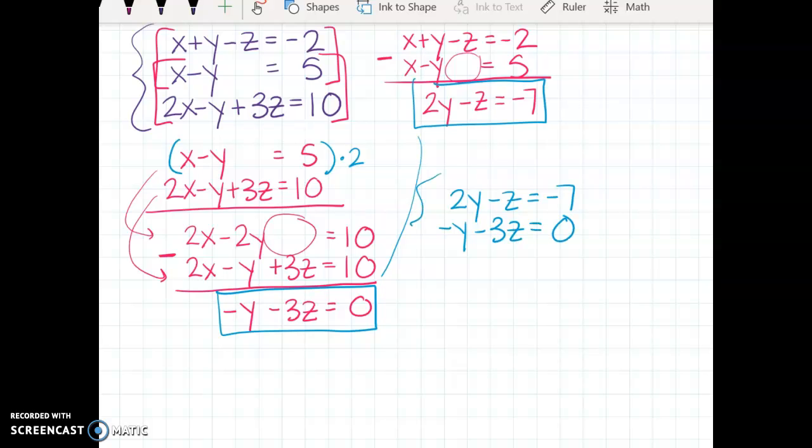So here's a system. Nothing really matches. What should we do? If we want the top to cancel out z's, let's say, you can cancel out y's too, it doesn't matter. But I see a negative 3z, so if I multiply the top by 3, this will work for us.